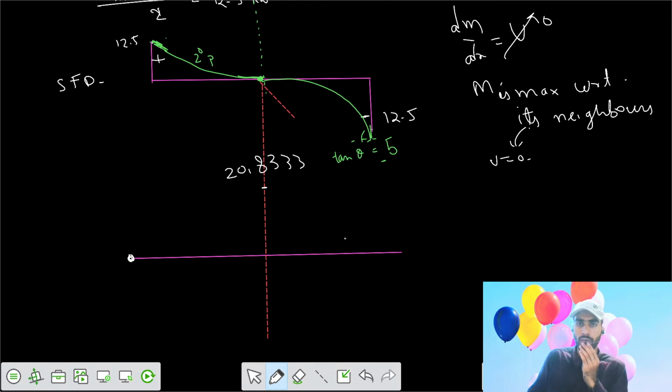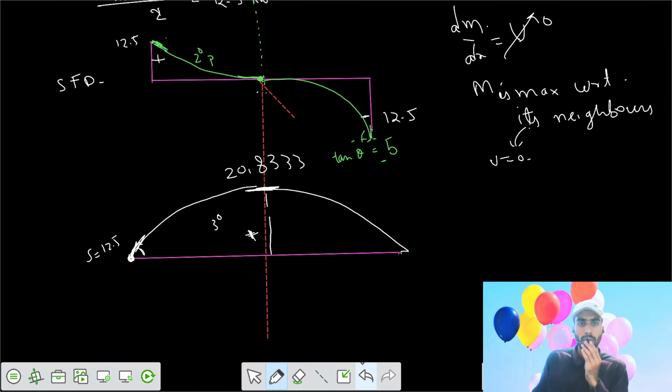Also we know that if shear force is 0, then the slope of the bending moment diagram is 0. So here the slope is 0. Then we need to connect the two by a 3-degree curve. This is your positive bending moment, and the slope here is 12.5. Then we join the two. Similarly, we have this side also. So your maximum bending moment is this one, and maximum shear force this one.